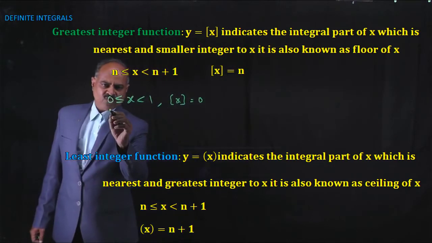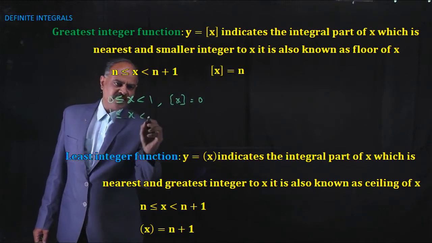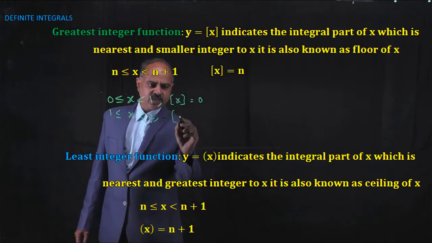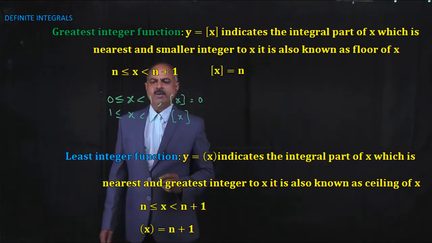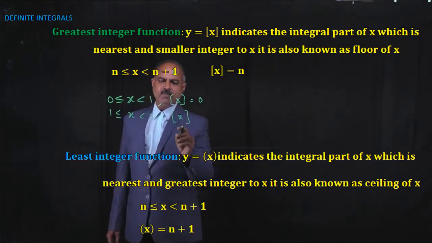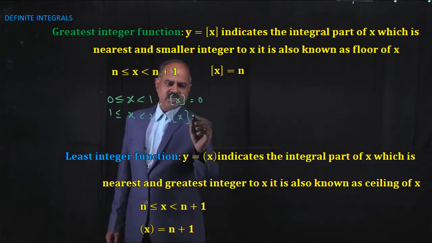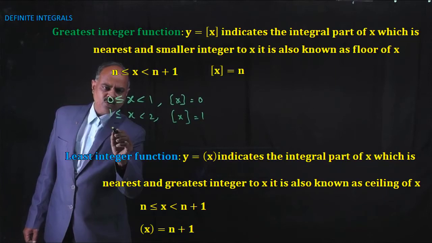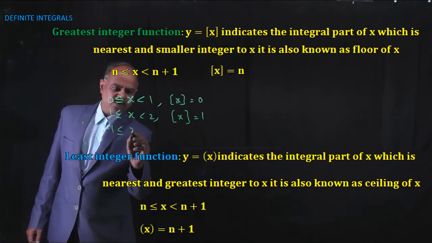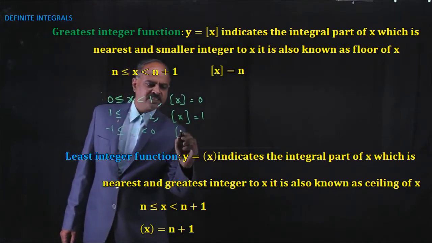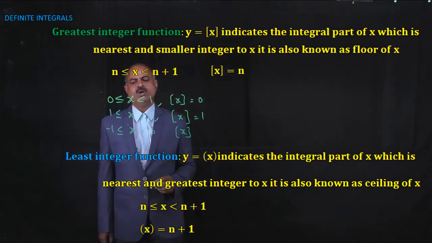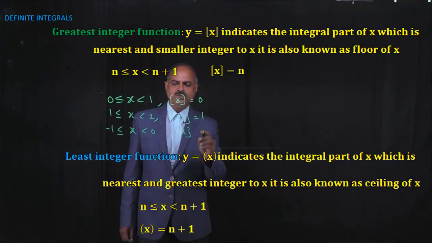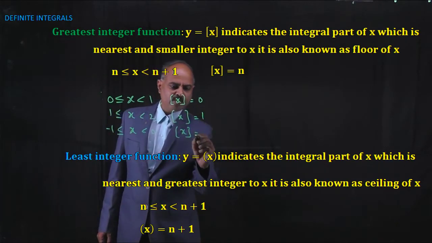Next, 1 less than or equal to x less than 2, [x] equal to from 1 to 1.9, only take the integral part, so [x] equal to 1. Minus 1 less than or equal to x less than 0, so from 0 to minus 0.9, [x] equal to minus 1.